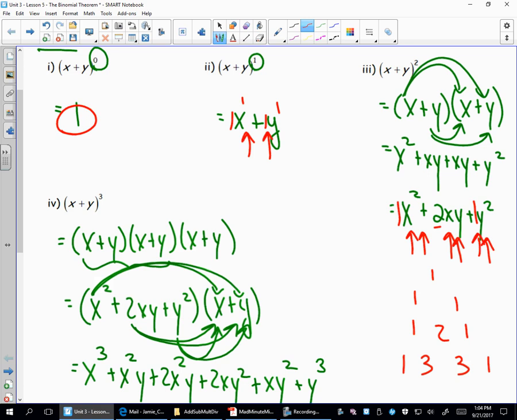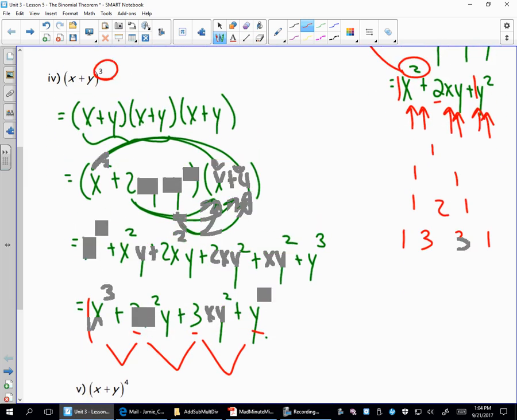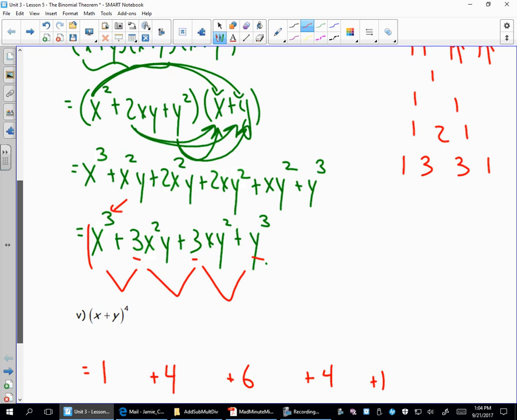So it seems like the x's start at the exponent and go down, and the y's start at 0 and go up. If we look at the third example to confirm, our exponent was a 3, and we have 3, then 2, then 1, then no x's. And the y's do the opposite: no y's, 1y, 2 y's, 3 y's.